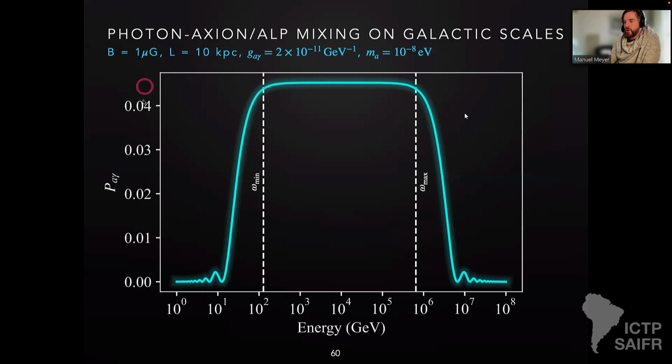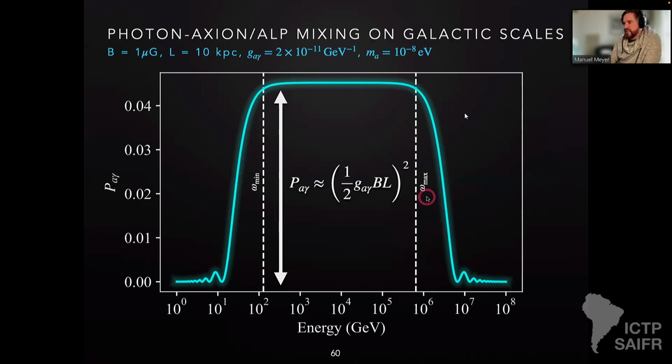Okay, so it would be of the order of a few percent, and it would be constant at maximum between this minimum energy and this maximum energy. And here it's very simple. It's just described by 1/2 times the coupling times the magnetic field times the length over which the magnetic field is constant. Okay, very simple.